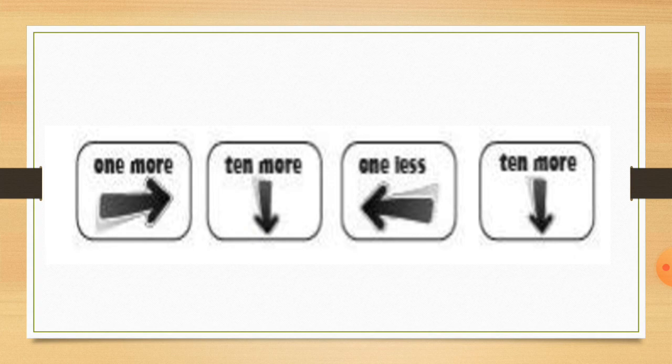As I told you, whenever you have to add one, you go right one step. Whenever you have to add 10 to the number, you go down one step only. Just remember, you have to go down one step.